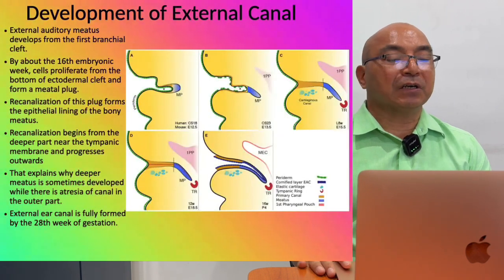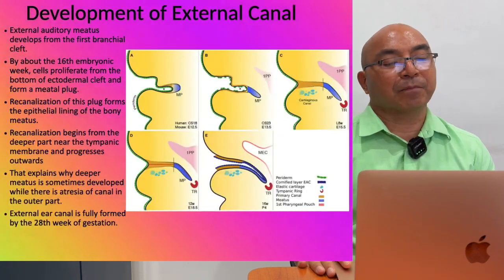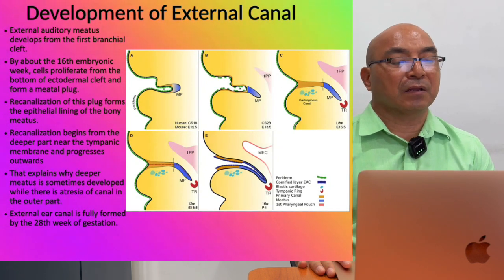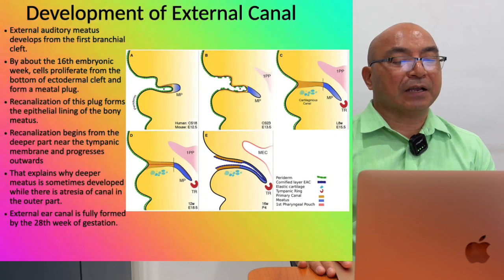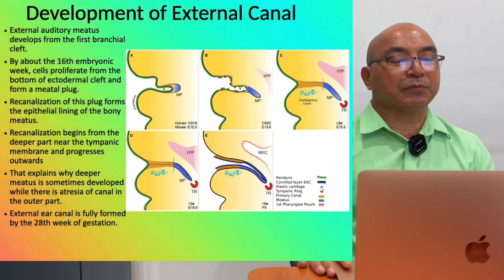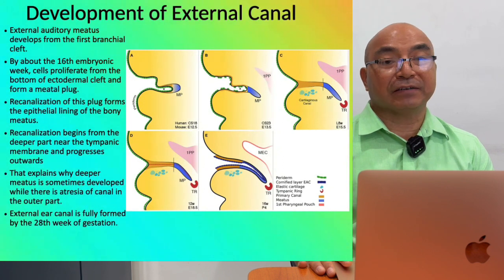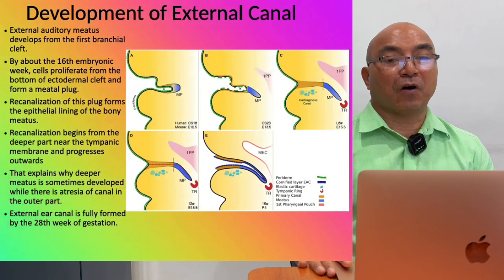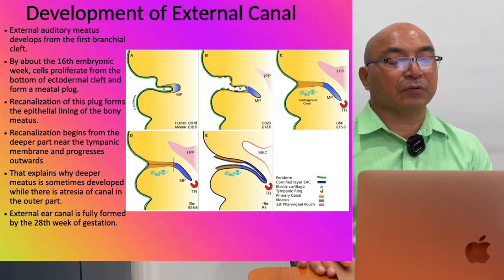Now, development of the external canal. The external auditory meatus develops from the first branchial cleft. By about the 16th embryonic week, cells proliferate from the bottom of the ectodermal cleft and form a meatal plate. Recanalization of this plate forms the epithelial lining of the bony meatus.